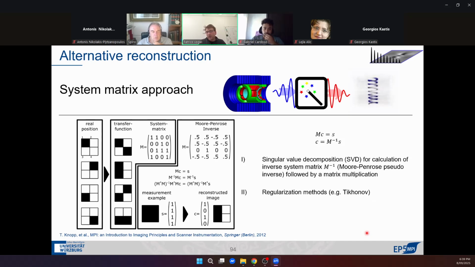One of the issues of this approach is the long time you need for acquiring the system matrix in a prior step. When you want to do 3D imaging, you will end up with a couple of thousands of voxels, and you need quite a long time to get this information.